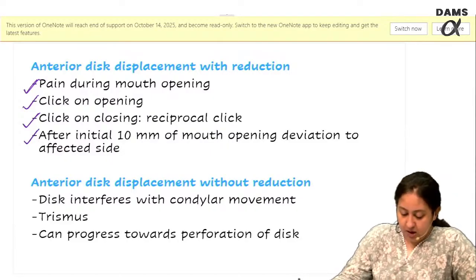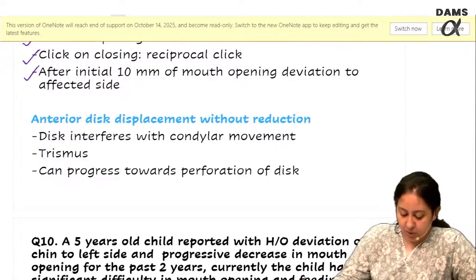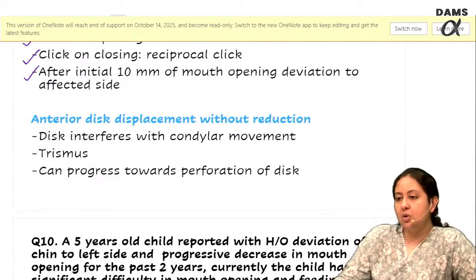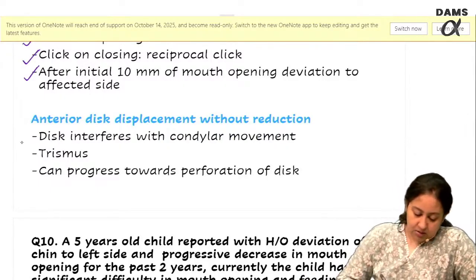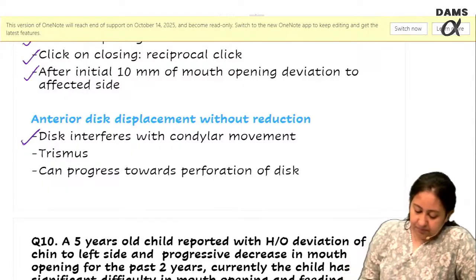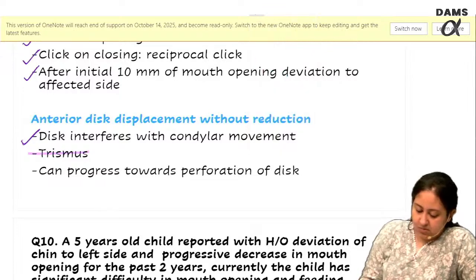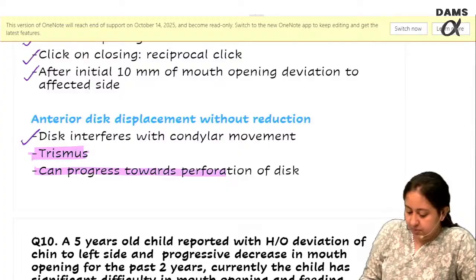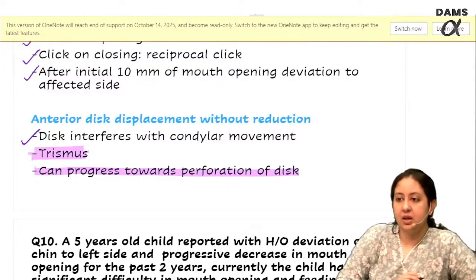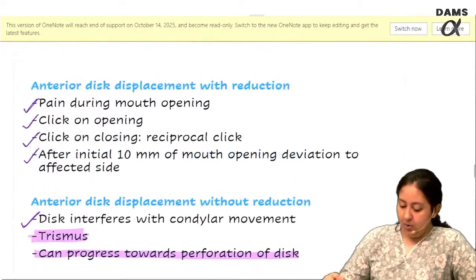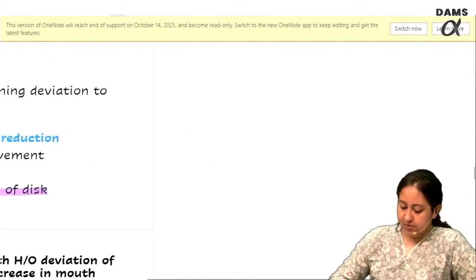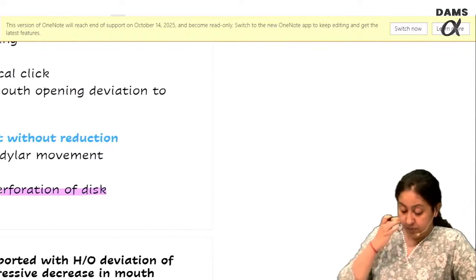Now, in anterior disc displacement without reduction, the disc interferes with the condylar movement. There is trismus, and it can progress towards perforation of the disc. Now how it can progress towards perforation of the disc, I'll just tell you.